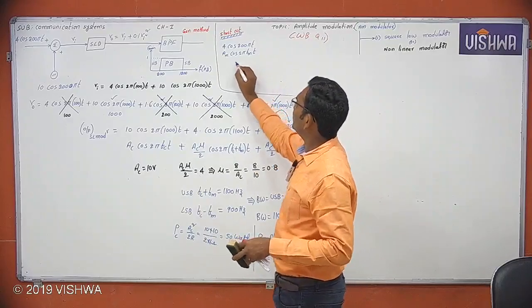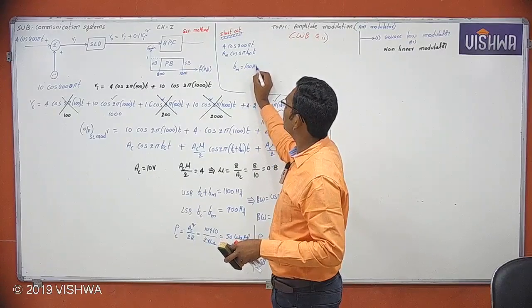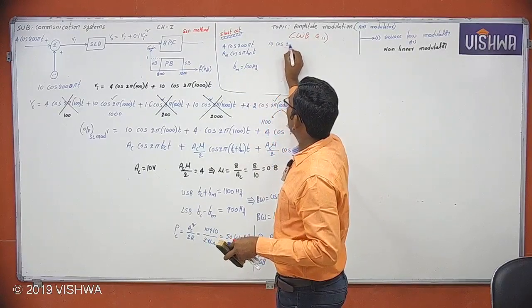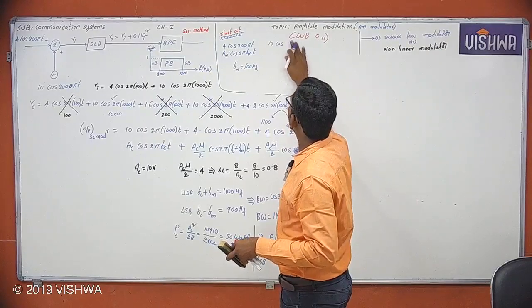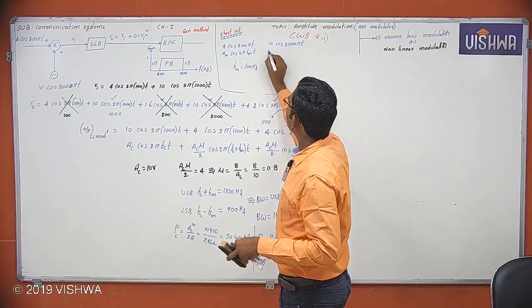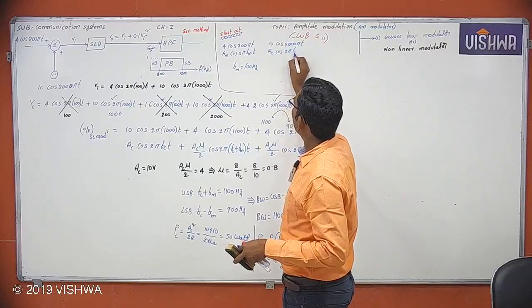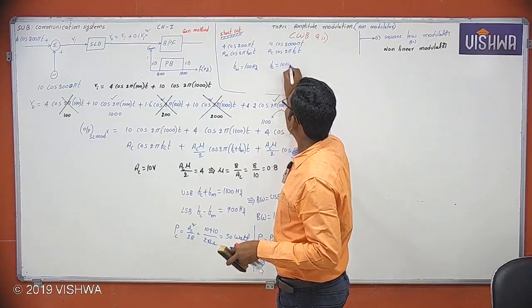From here you can identify fm equals 100 hertz. One more term is also given, 10 cos 2 pi into 2000 pi t, which is the high frequency carrier Ac cos 2 pi fc t. From here fc equals 1000 hertz.